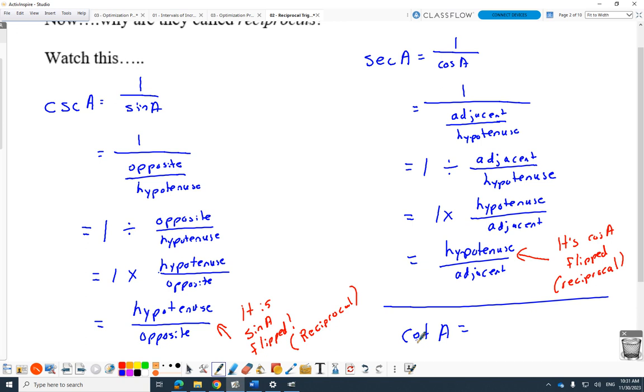Can anyone take a shot at cotan A of what it's going to be after all that? Adjacent over opposite. All of that to see why these are called the reciprocal trig ratios, because you can just flip the corresponding ratio and get the reciprocal ratio.